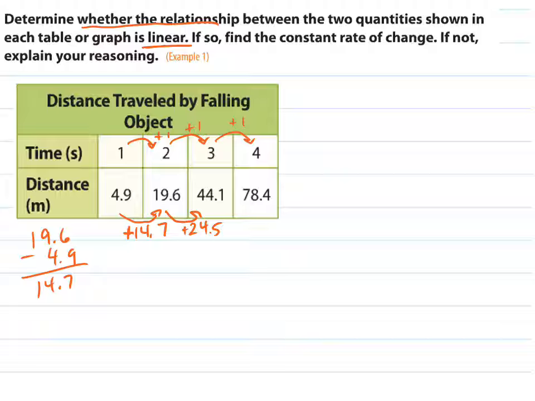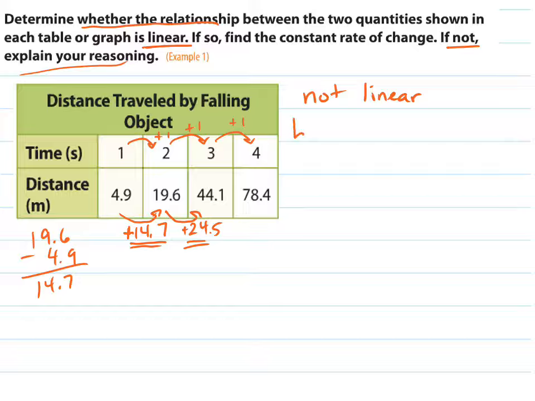Okay. So right here, because these are different, this is not linear. So my answer would be not linear. Why? Because, so it says, if not, explain your reasoning.